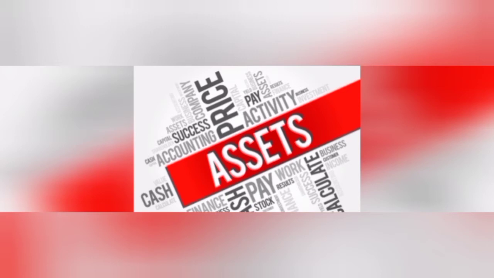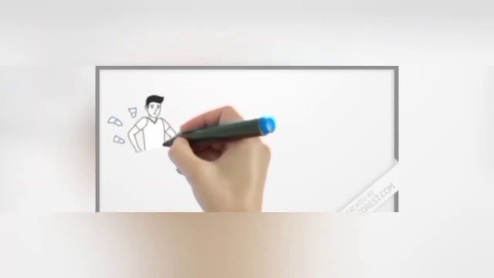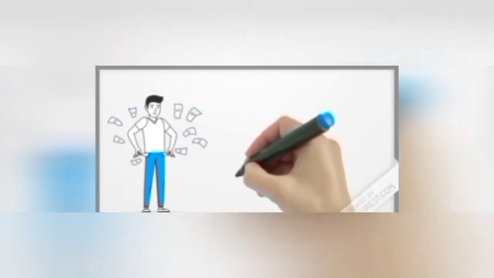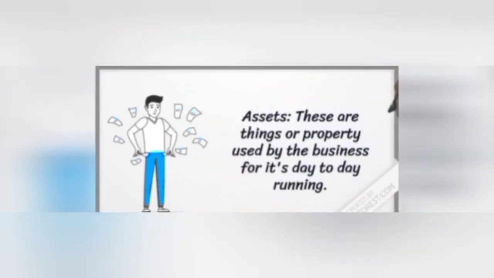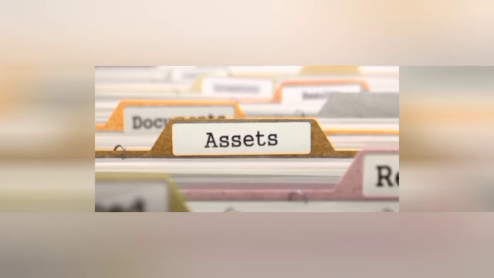These are the things the business uses to run its activities, and these assets are classified into various sections. But before then, once again, let us look at the definition of what an asset is. An asset is the thing or property you use to run your day-to-day activity in your organization.